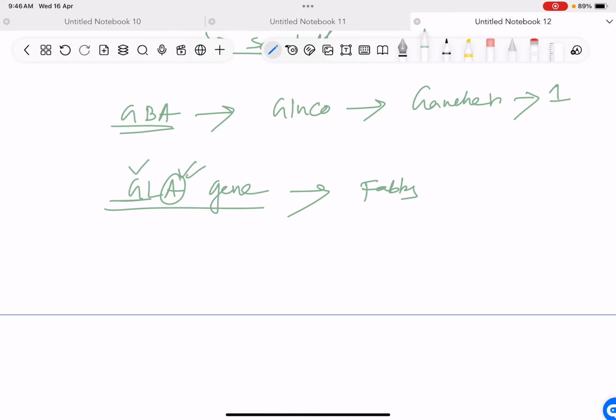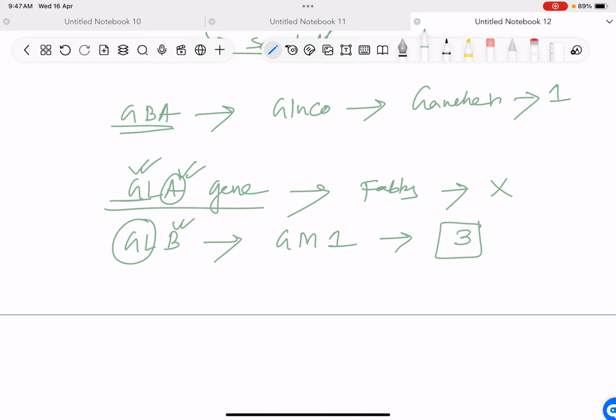So alpha galactosidase, GLB is beta galactosidase. Beta galactosidase, GM1 gangliosidosis. Alpha galactosidase, Fabry's disease. GLA gene, Fabry disease, chromosome X. Whereas GLB is present in chromosome number 3. So beta galactosidase, which is defective in GM1 gangliosidosis, is present in chromosome number 3.